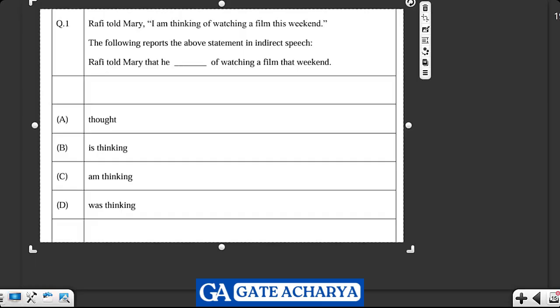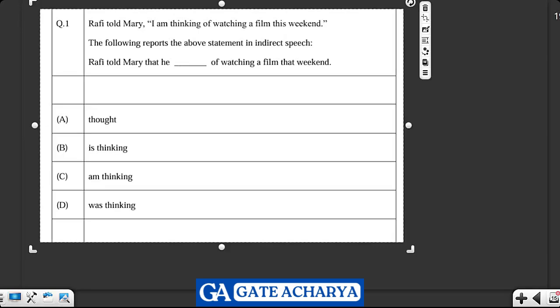Understood? Shiva Subramanian, Nisha, Yuvraj, Maharaja. Why is option D the perfect answer? Okay, understood. So the correct answer is option D. See, in this kind of fill in the blanks, always two options will be confusing.